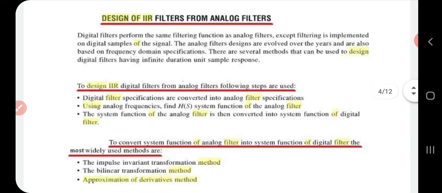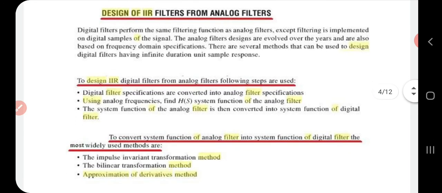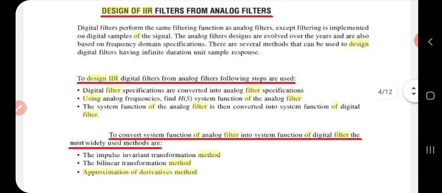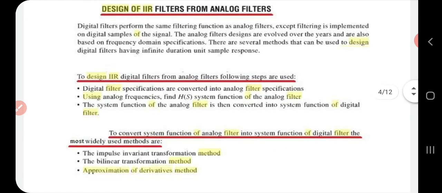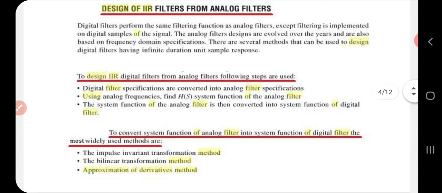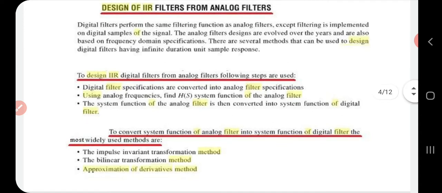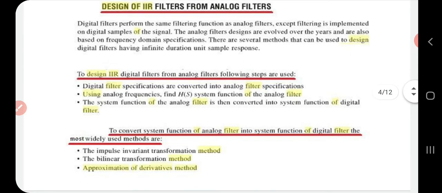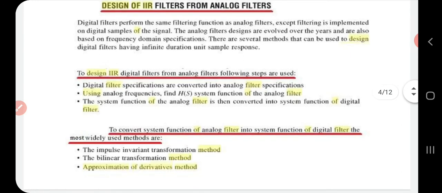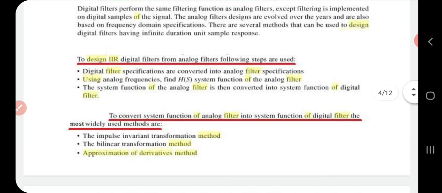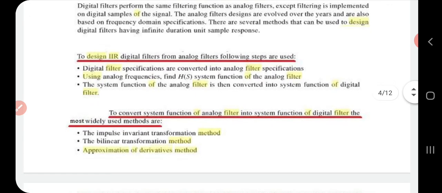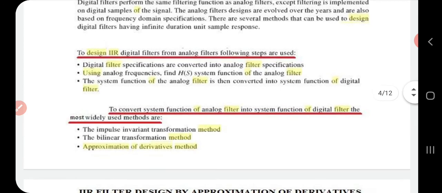So, design of IIR filters from analog filters. Digital filters perform the same filtering function as analog filters, except that filtering is implemented on digital samples of the signal, as we know. Now these are the various steps involved in designing an IIR digital filter from an analog filter. First, the digital filter specification is converted into analog filter specification.